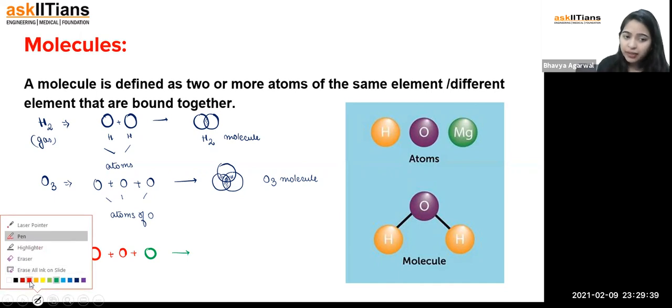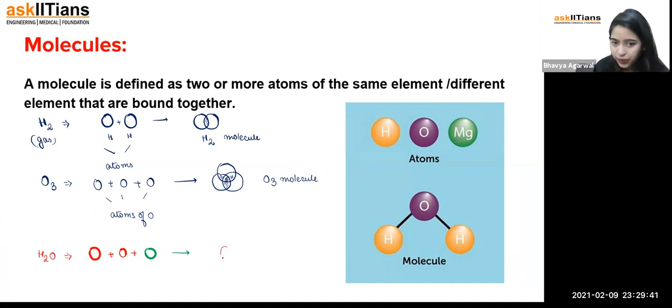When they combine together, 2 H's and 1 O fuse together.